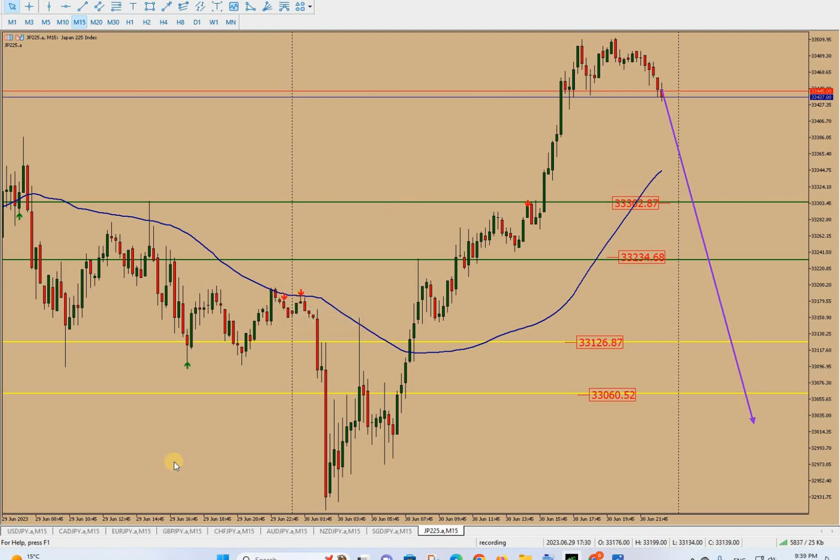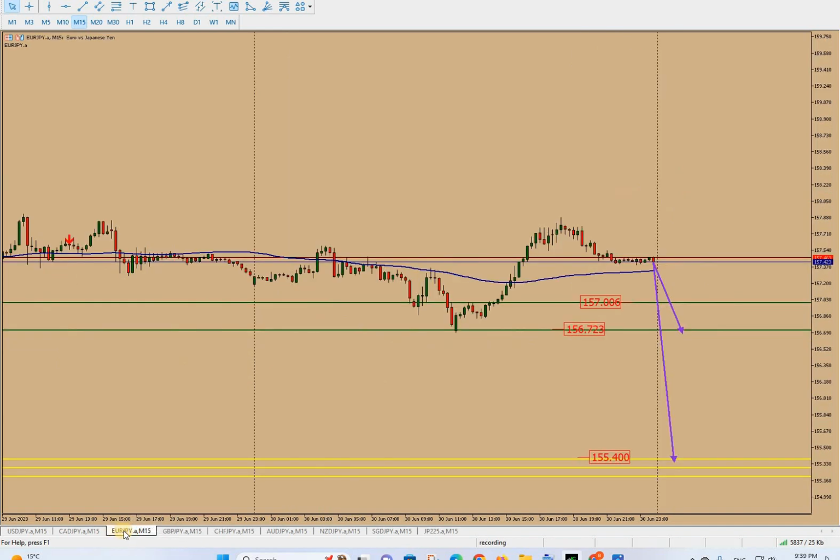For Euro Japan, the Euro is going to be weaker than Japan because Japan is going to be stronger, okay? That's why it's heading down to those levels. These are TP1, TP2, and the final one is this. I just made the levels in advance to make the video short for you.